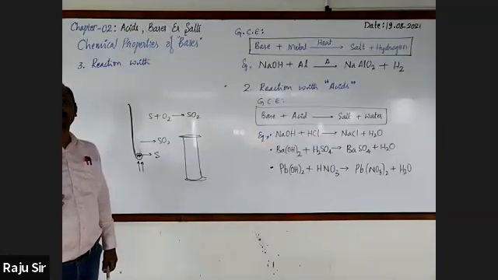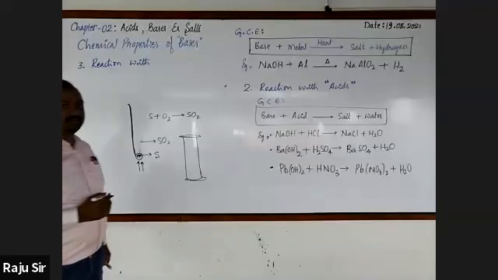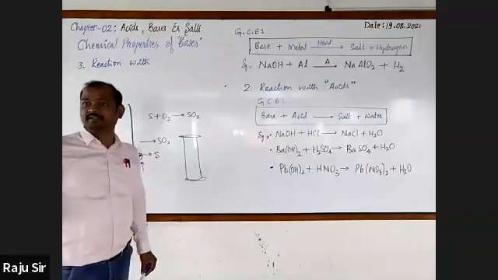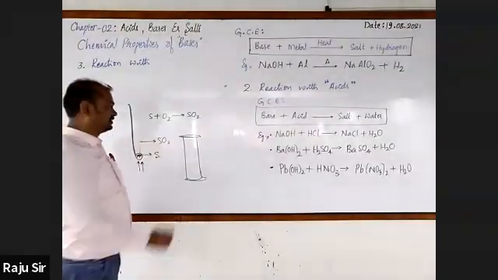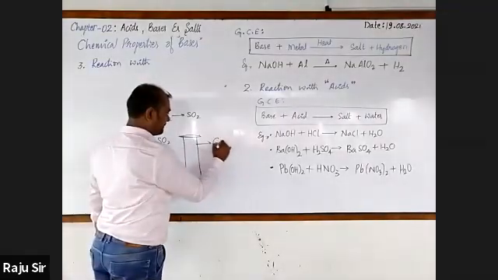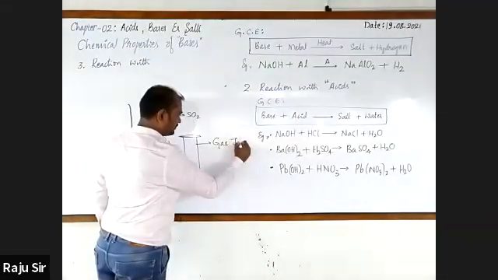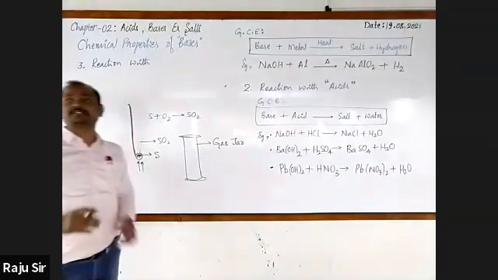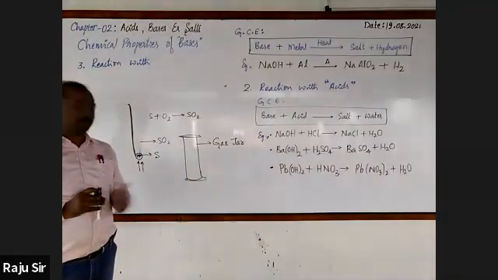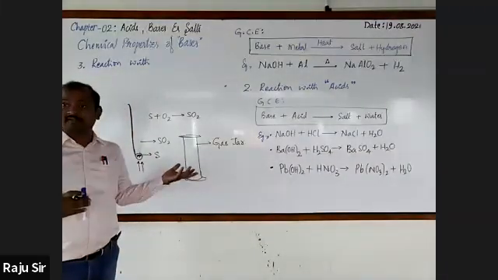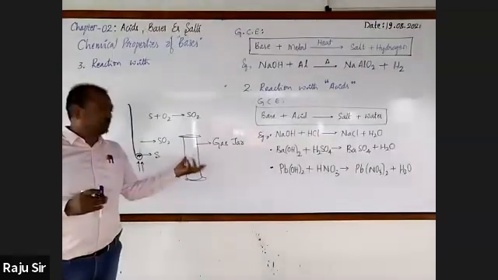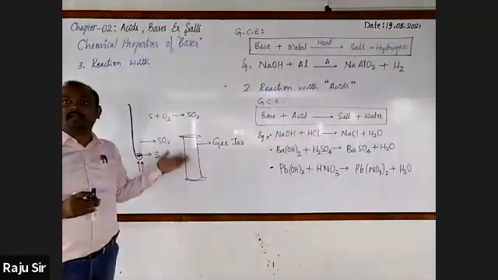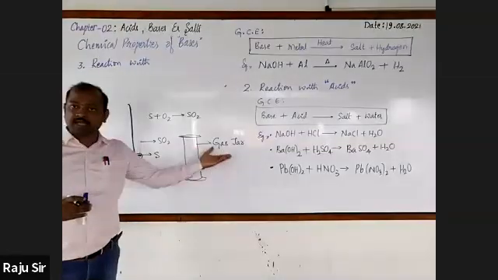What is it called? Good. Gas jar. Of course, it is made of glass, and this jar is used for collecting the gas. Hence, it is also called a gas jar.